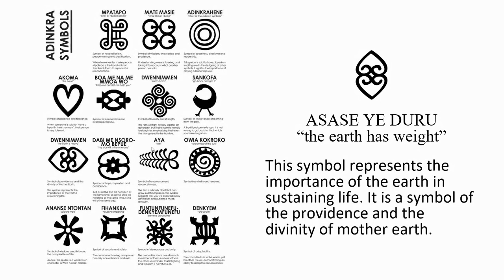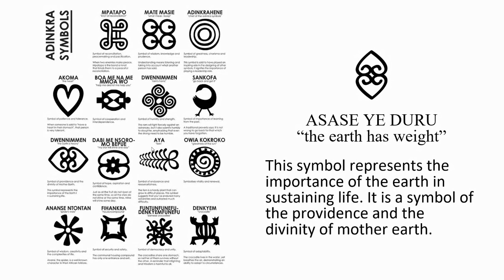And each sign and symbol has a name, a proverb, and a lesson behind it. And so these symbols encapsulate and stir in the mind the values that are important to the Akan, Ashanti, the people of Ghana and their communities.